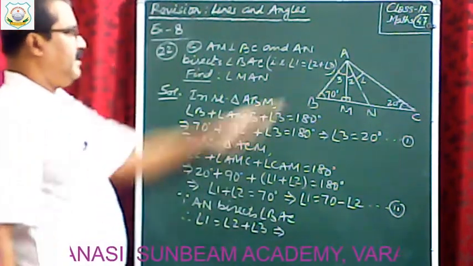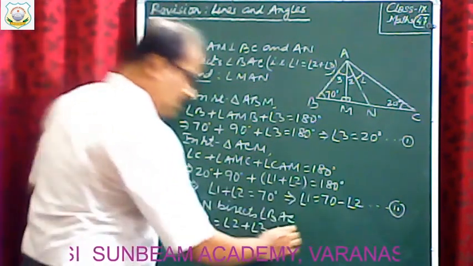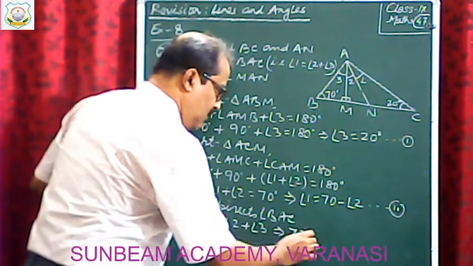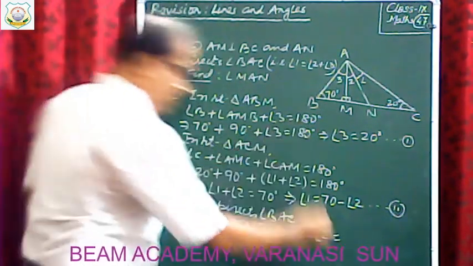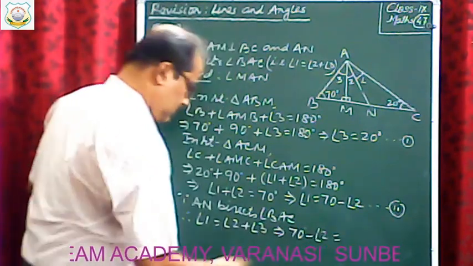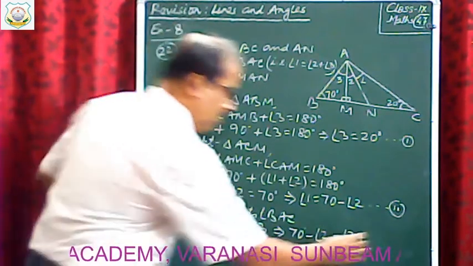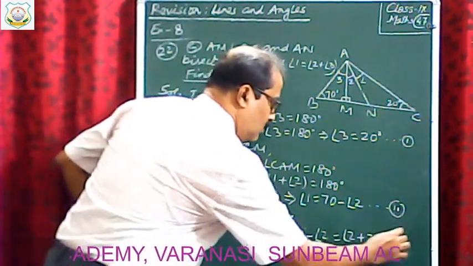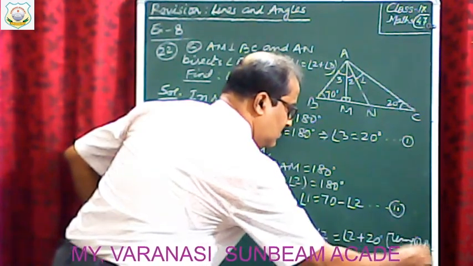So angle 1 is 70 degrees minus angle 2, and angle 3 is 20. Angle 2 plus 20. So write using first and second.